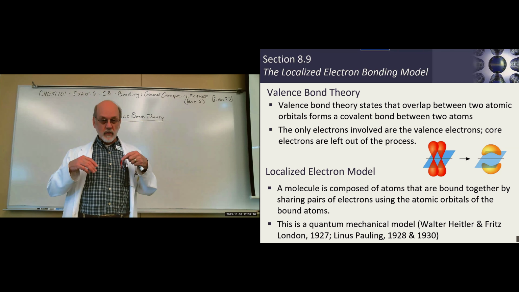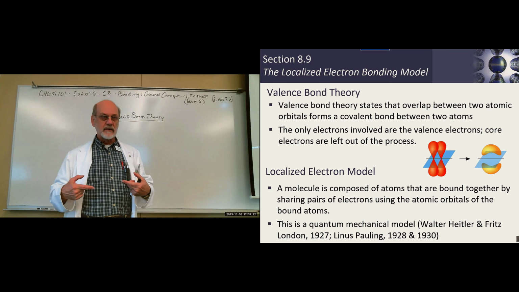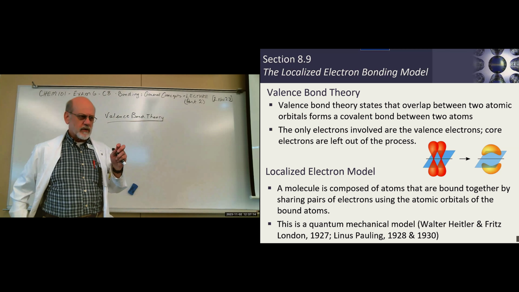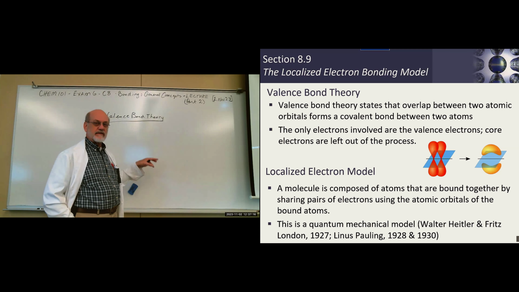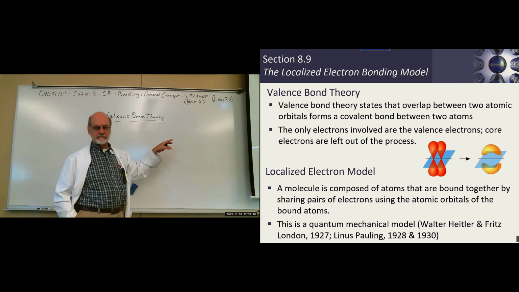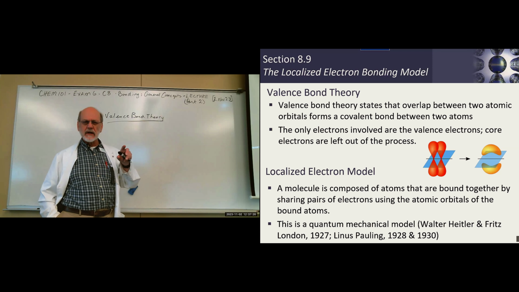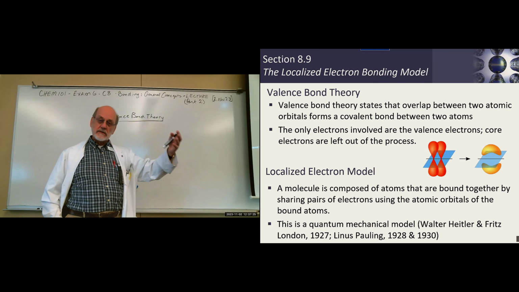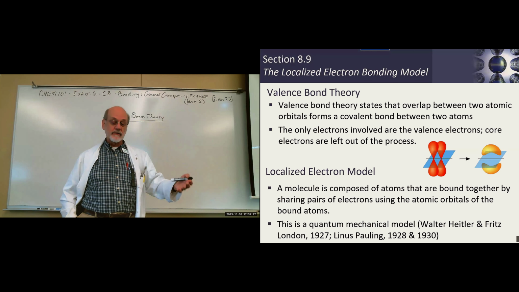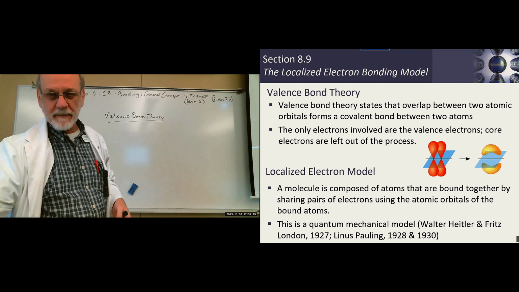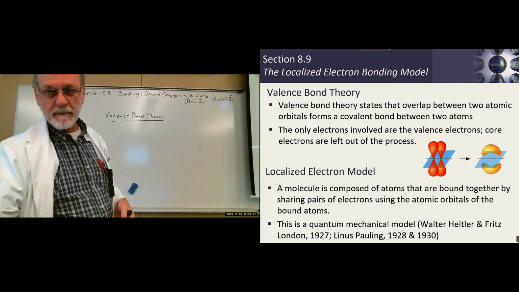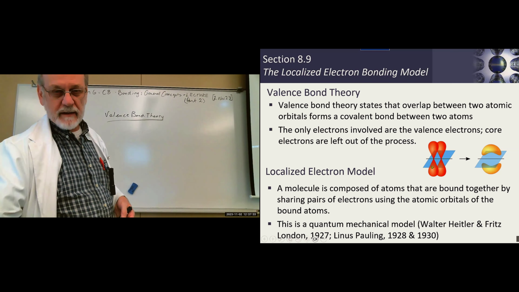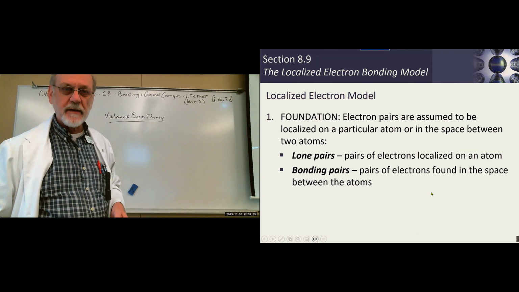We are talking quantum mechanical. We spoke about quantum mechanics in terms of individual atoms, and we're trying to extend that model to molecules where we have bonds formed. Okay, let's go to the next slide.